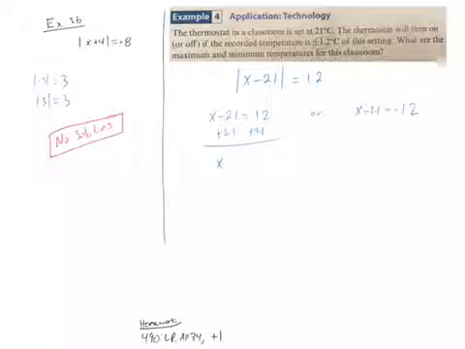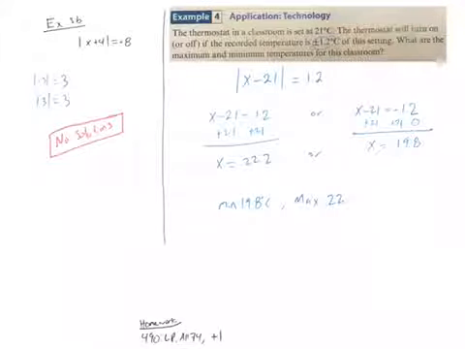So x is equal to 22.2, or whenever I add 21 to negative 1.2, it's going to be like subtracting, comes to be 19.8. So this is my minimum temperature of the classroom, 19.8 degrees Celsius, and the max temperature is going to be 22.2 degrees Celsius.